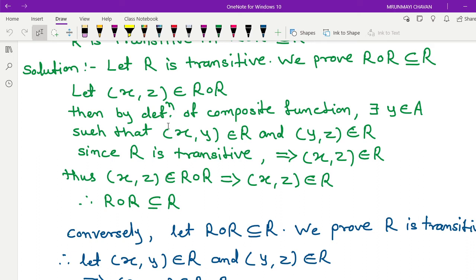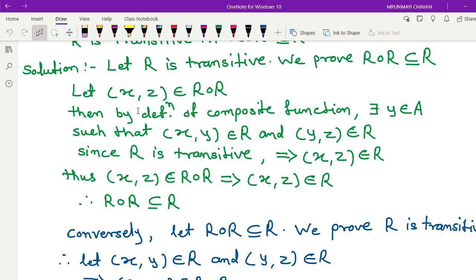Therefore, we say that there exists element y belongs to same set A such that this pair xy belongs to this R, and pair yz belongs to relation R. So there exists y such that xy belongs to R and yz belongs to R. Therefore, R is transitive.